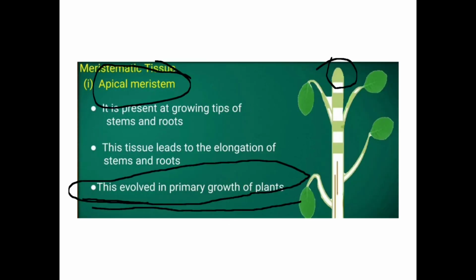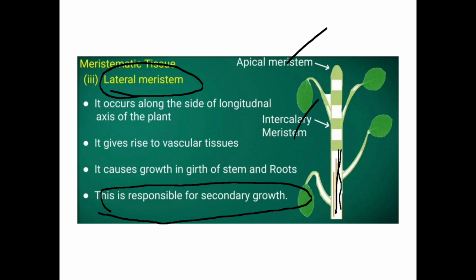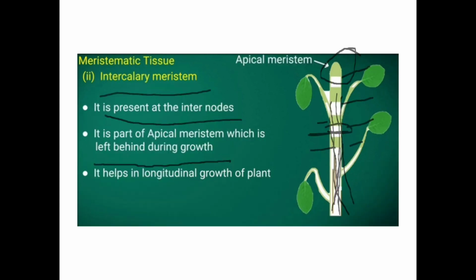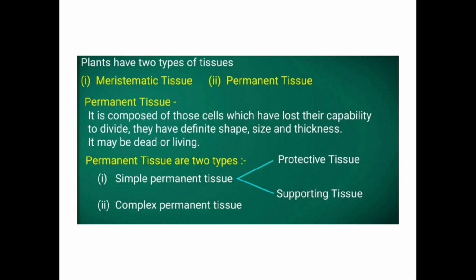Apical meristem is present at the tip, intercalary meristem is present at the internodes, and lateral meristem is present along the longitudinal axis of the plant. So apical meristem will increase the plant height, intercalary meristem will elongate the longitudinal growth, and lateral meristem will help increase the thickness of the plant.